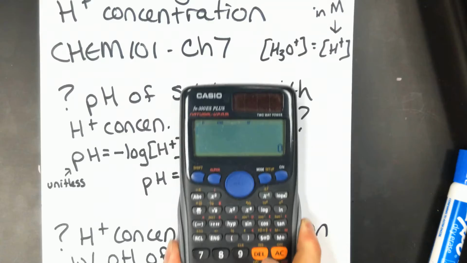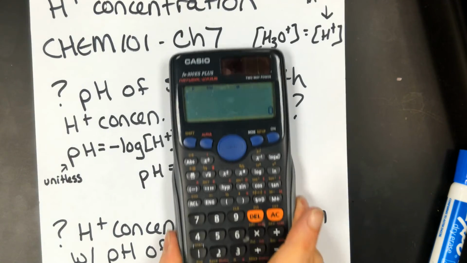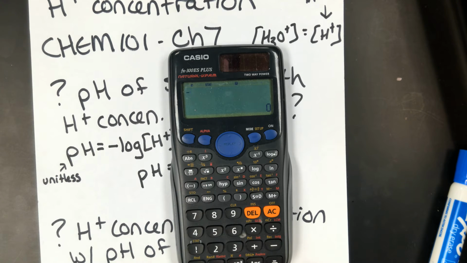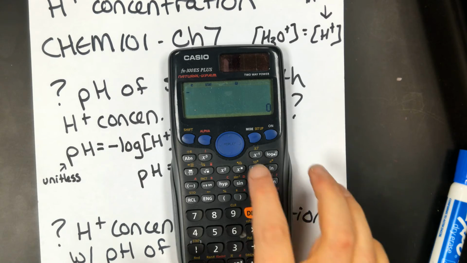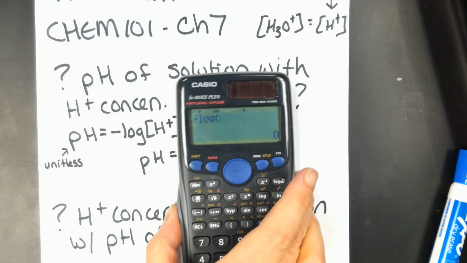I'm going to need to have negative. So negative is this sign, right? Make sure you don't use the minus sign. Make sure you use the negative sign. So negative log, so it's just going to be the log, which is hanging out right there. And then it's 2.7 times 10 to the negative 8.